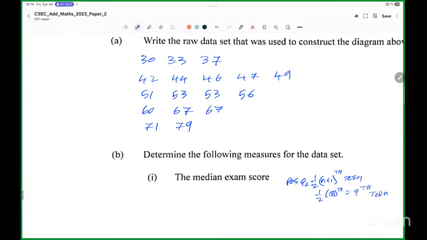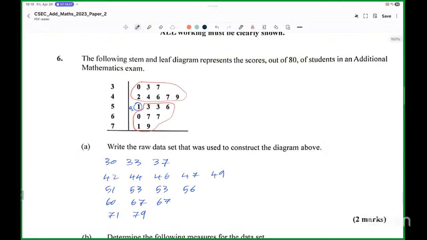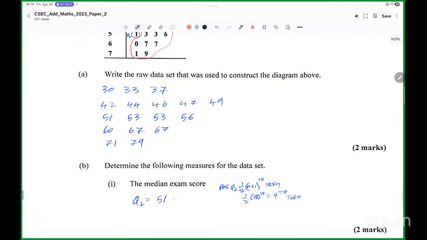We calculate as well. So Q2 is 51. What is the data here? You must always look at what the data is. Scores, so 51 marks.